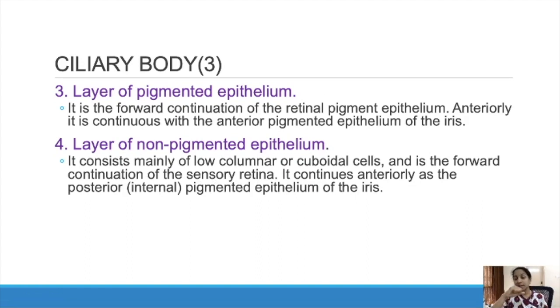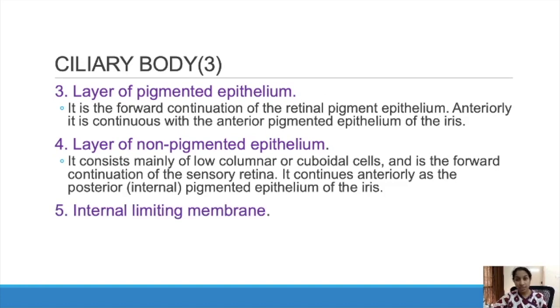The sensory layer continues as the layer of non-pigmented epithelium, and anteriorly it will continue as the posterior pigmented epithelium of the iris. So the layer of pigmented epithelium continues as the anterior pigmented epithelium of iris, and the layer of non-pigmented epithelium continues as the posterior pigmented epithelium of the iris.